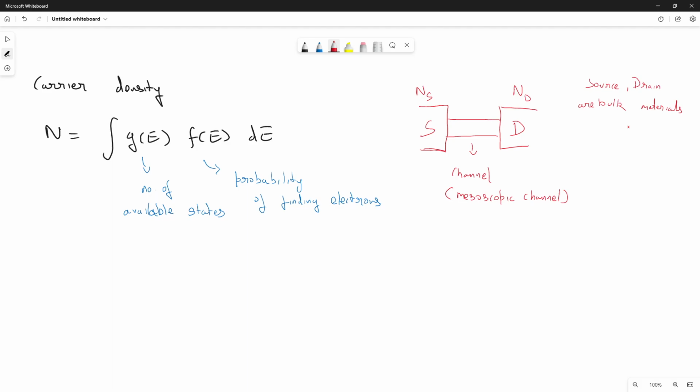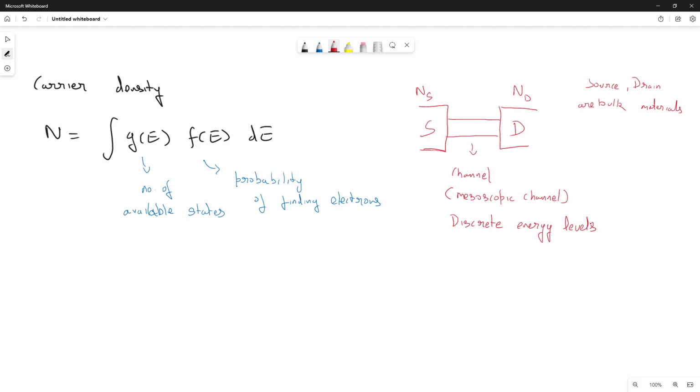All right. Now this is a mesoscopic channel. If it is mesoscopic, then what happens to the channel? Whatever the dimensionality of the channel is, this channel has discrete energy levels now. Is that clear?